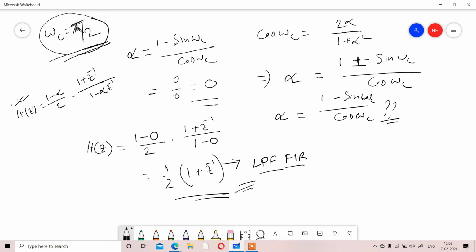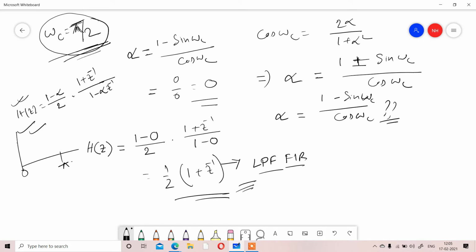Simply you can consider the FIR filter, because whenever you are considering the IIR filter, you need to consider the frequency response up to infinite range. But whenever you are considering the FIR filter, you can make it finite only from 0 to pi. Okay, so that you can easily design.